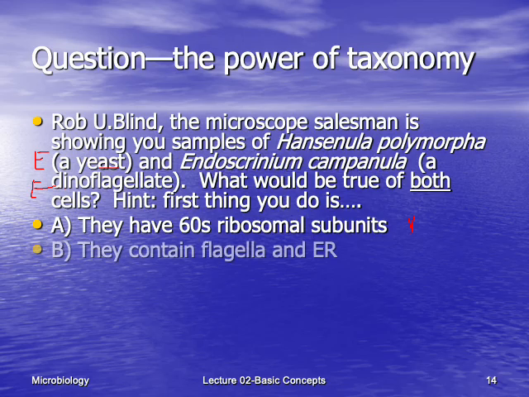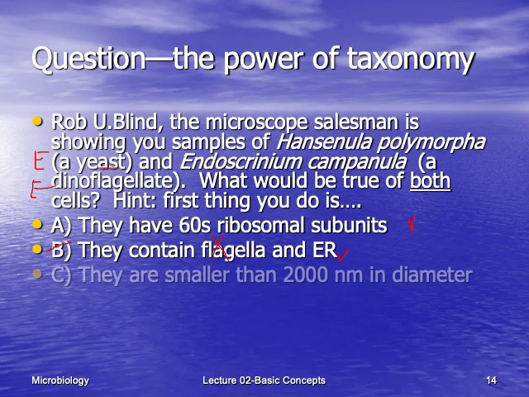Yes, true. They contain flagella and ER. They do contain ER because they're both eukaryotes. But do both contain flagella? Well, remember yeasts, because my brother-in-law Tony, lazy couch potatoes, no structures for locomotion. Nope, that can't be right. They're smaller than 2,000 nanometers. 2,000 nanometers is 2 microns.